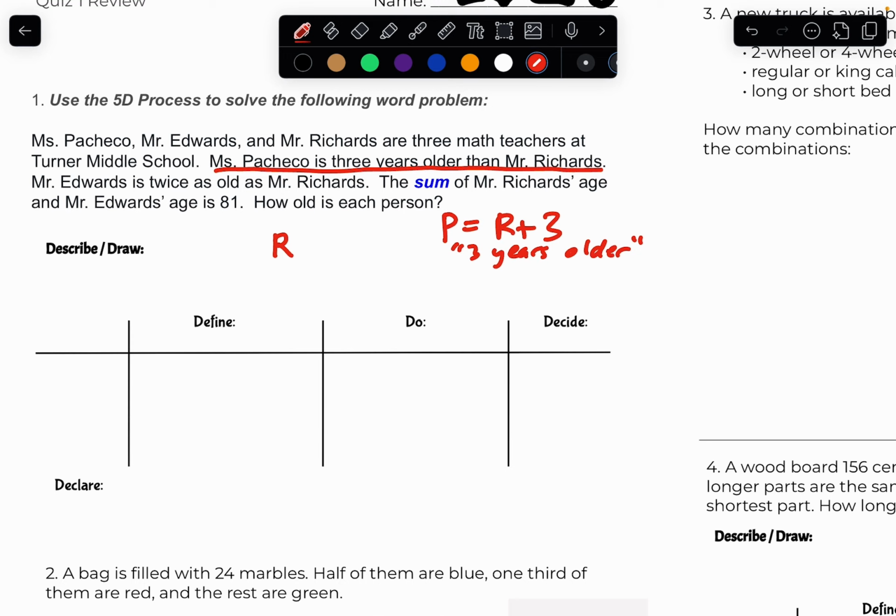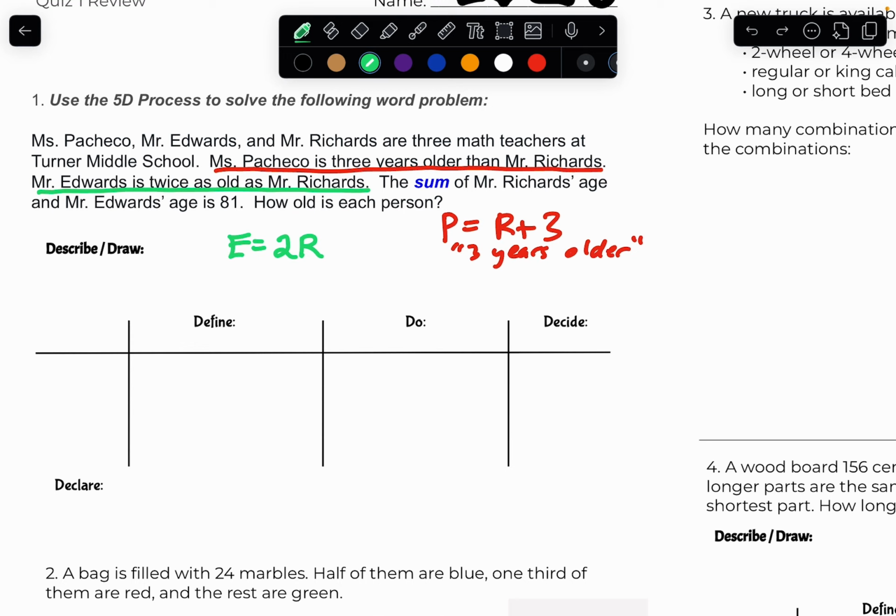Next up, it says that Mr. Edwards is twice as old as Mr. Richards. So we're going to write Mr. Edwards is 2 times the age of Mr. Richards. Let's confirm that's correct. Mr. Edwards is 2 times as old as Mr. Richards. 2 times as old is the same as multiplying by 2.